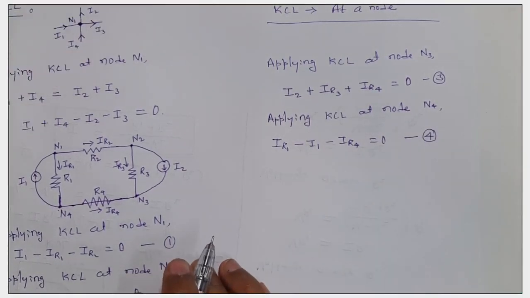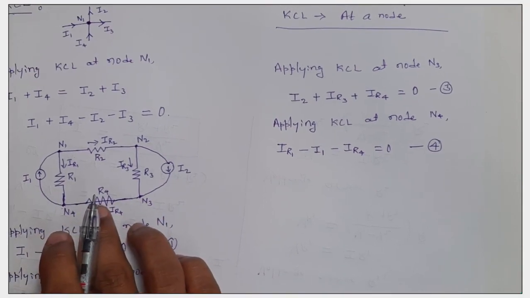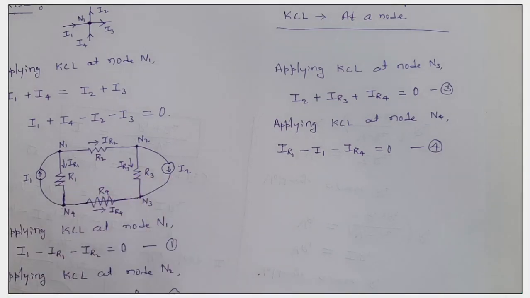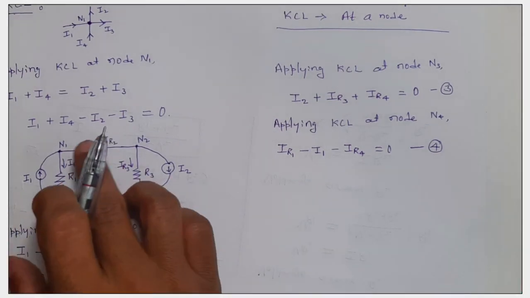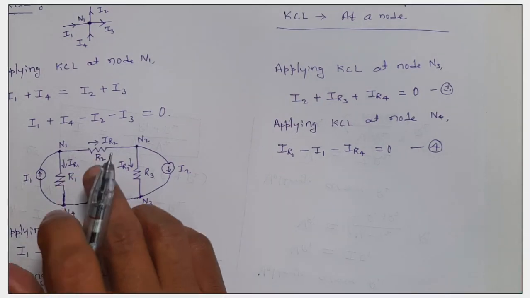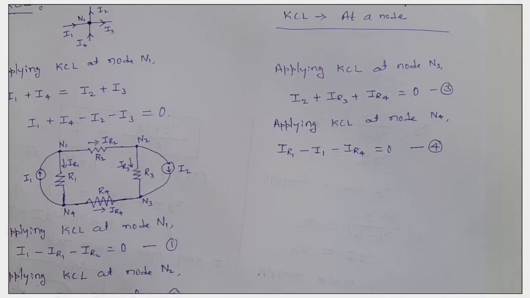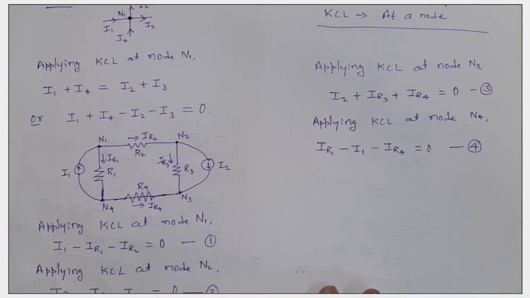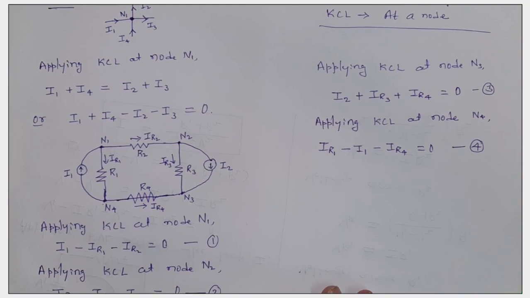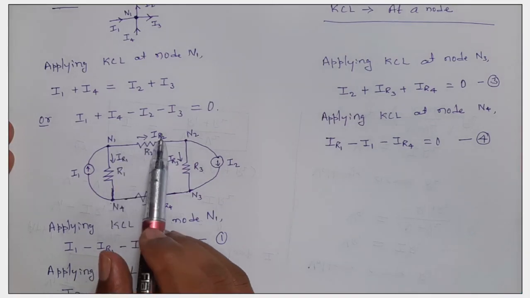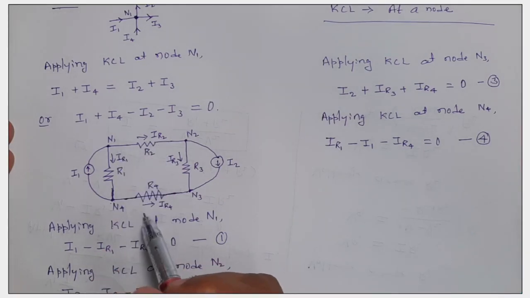Dear students, when the network is given, we will know the values of current sources or voltage sources if present, and even resistor values will be given. In this case, the unknown values are branch currents and branch voltages. That is what the analysis is. If we want to analyze a given network, we should find branch currents and branch voltages. Here IR1, IR2 and IR3, IR4 are unknown.